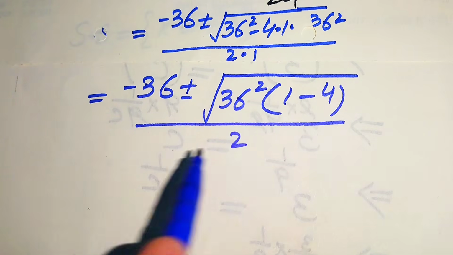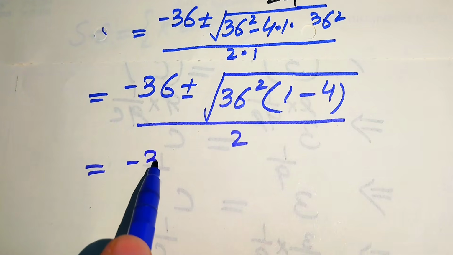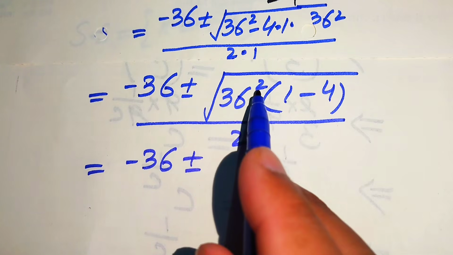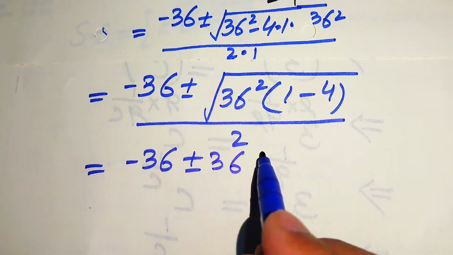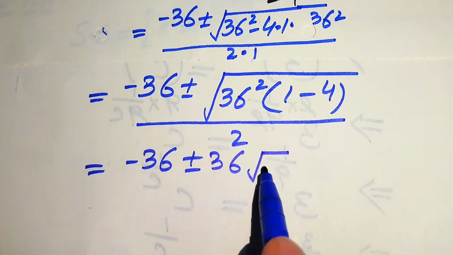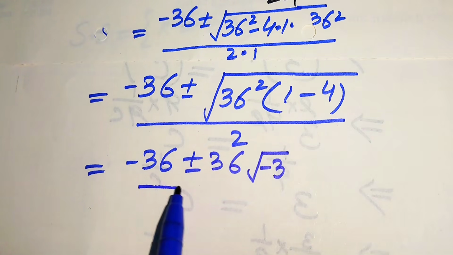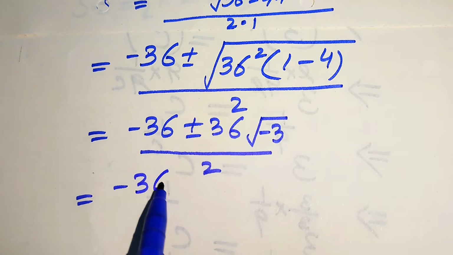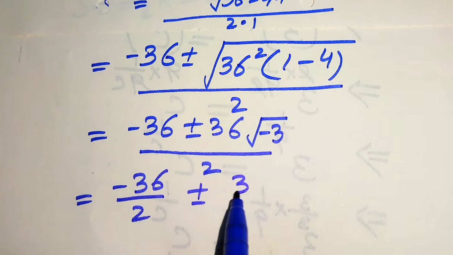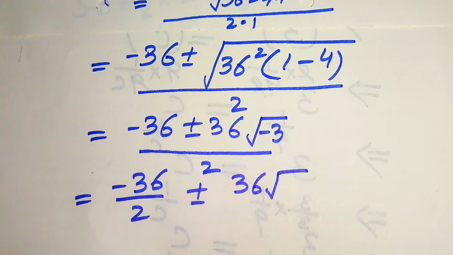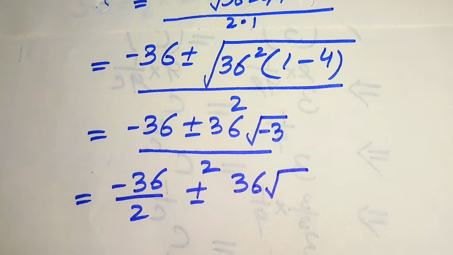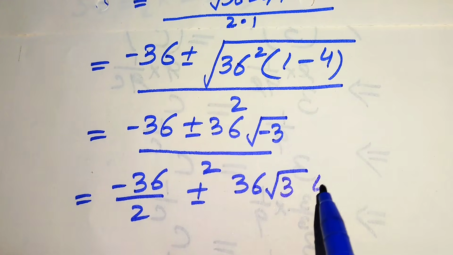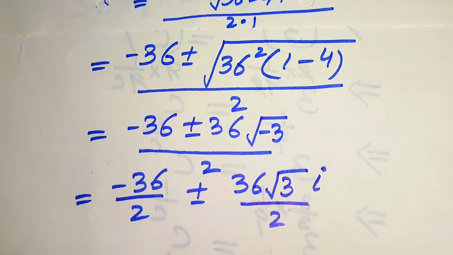Now we apply the square root separately on both of these values, and it becomes minus 36 plus or minus 36, because the square and square root cancel, into the square root of 1 minus 4, which is the square root of minus 3, divided by 2. Here we break this fraction: minus 36 divided by 2 plus or minus 36 times, since a negative sign appears inside the square root, this becomes iota, and we get the square root of 3, divided by 2.